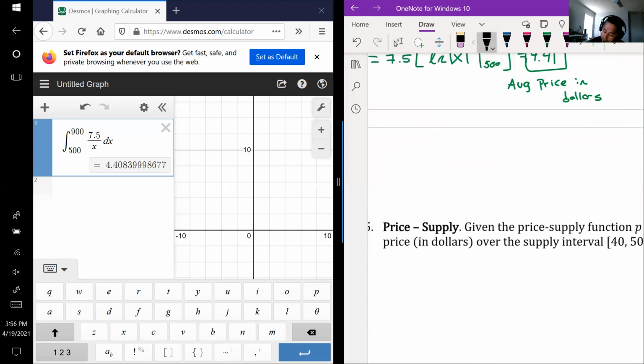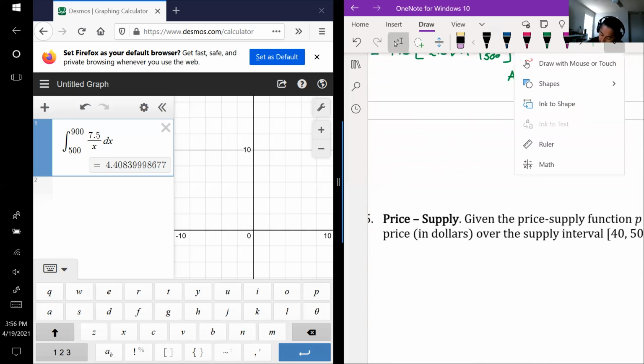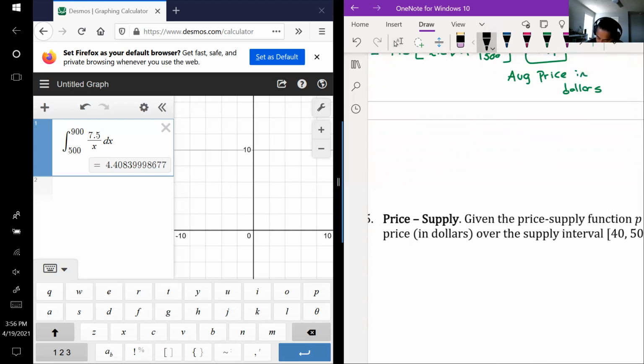I'll just rewrite it here. So we said the integral of e to the ax dx is 1 over a e to the ax plus c. Okay, so that's the formula we're going to use here.